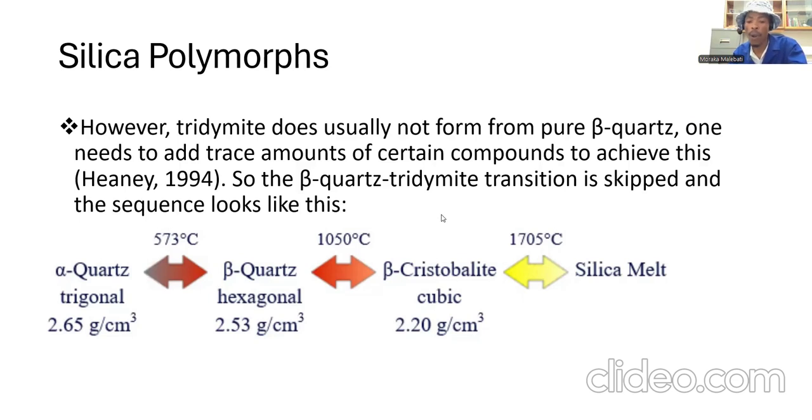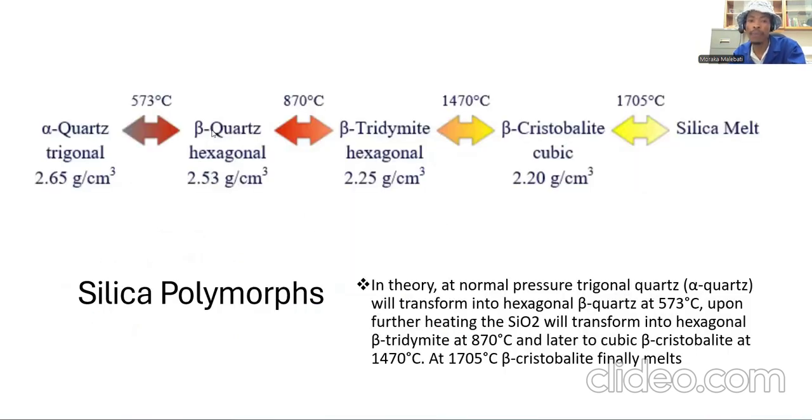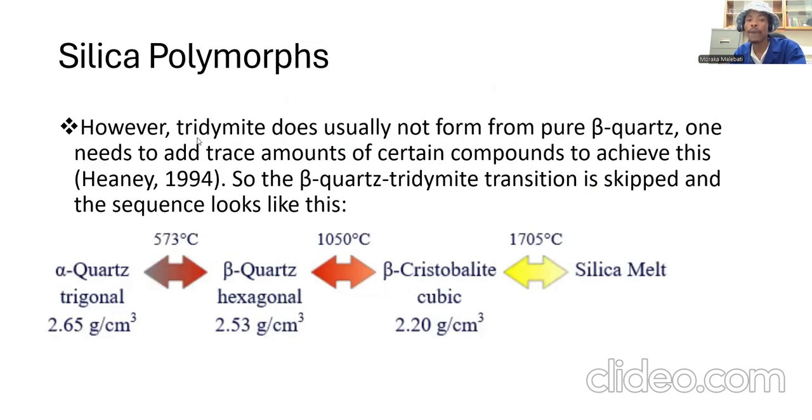So what we're trying to say, remember, here we had beta quartz and then beta tridymite, and then this beta tridymite to beta cristobalite. But now we are going to skip this beta tridymite. So the beta quartz to beta tridymite transition is skipped, and from the beta quartz it will go to beta cristobalite.